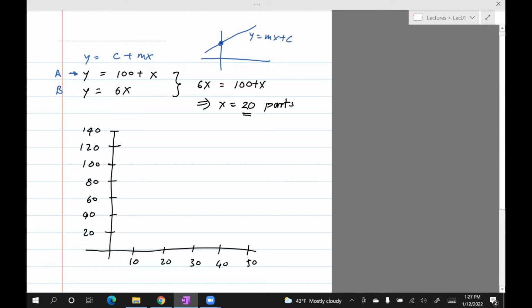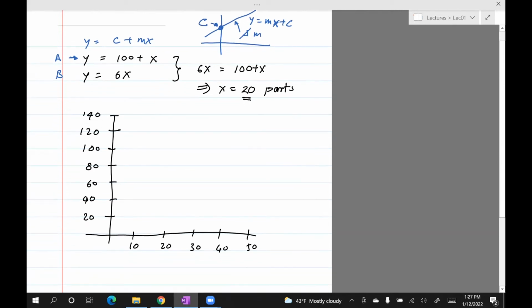Because if you put x equals 0, then y equals c, and the slope is m.